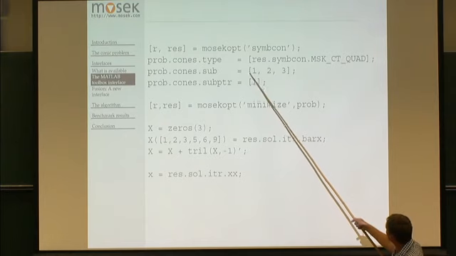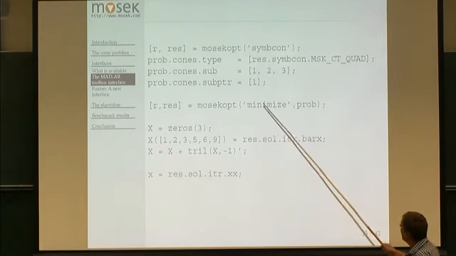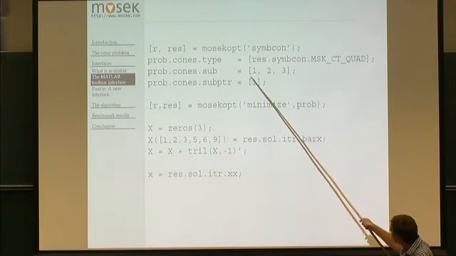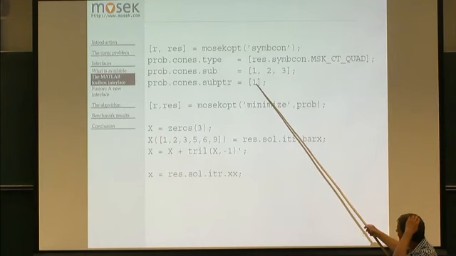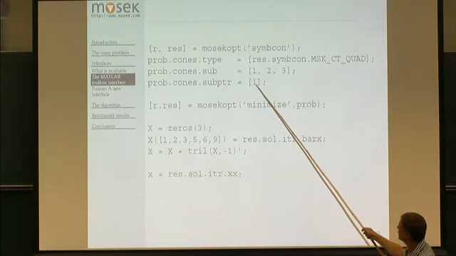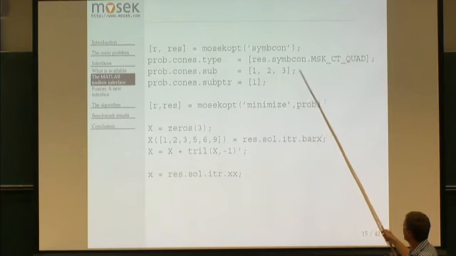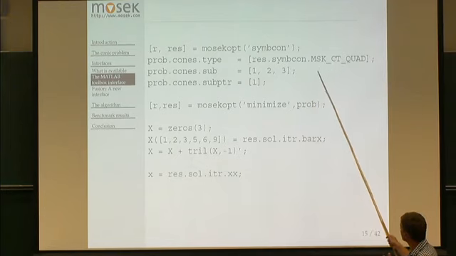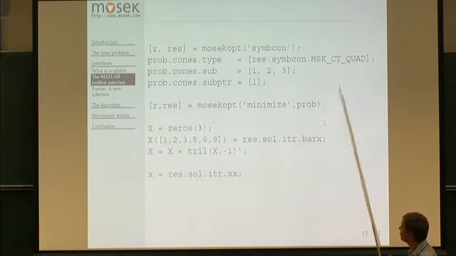So this is an array that lists the elements in each cone sequentially. And in this case, this shows where the first cone begins. We had one quadratic cone, and it starts at position 1 here. So if you had a second cone, for instance x5, x6, x7, then you would have a 2 here, and then you would list the indices there.